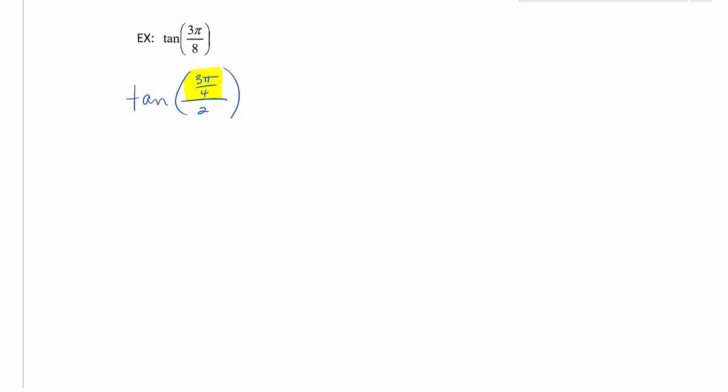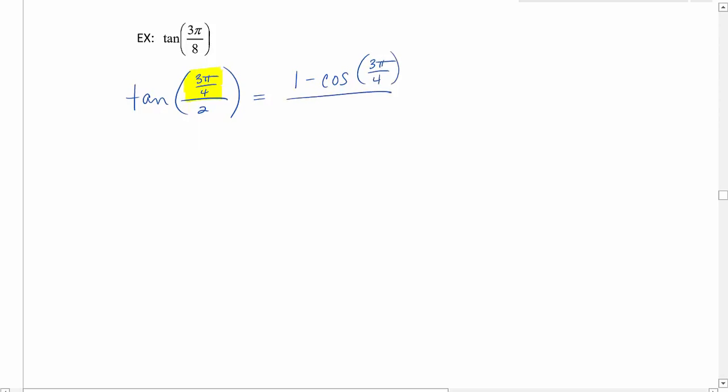I'm going to choose one of the ones that does not have the square root in it. I'm going to use 1 minus cosine of theta over sine of theta. That'll be 1 minus cosine of 3 pi over 4 over sine of 3 pi over 4.